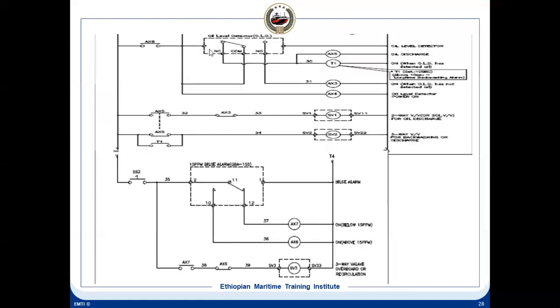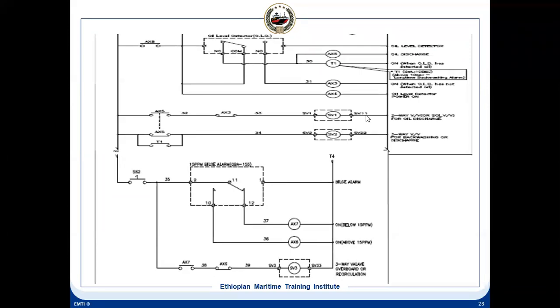So whenever the oil level comes more, as I told you, it is capacitance, which means the dielectric is changing. Two electrodes in between, when the oily mixed water comes, the dielectric will change and the capacitance will vary. As you remember, capacitance is equal to dielectric into A by D, area by distance. So when any of the parameters changes, the capacitance will vary and accordingly it will operate the solenoid valves to discharge the oil.